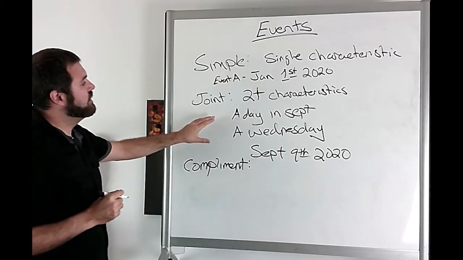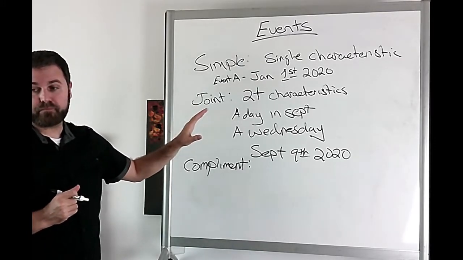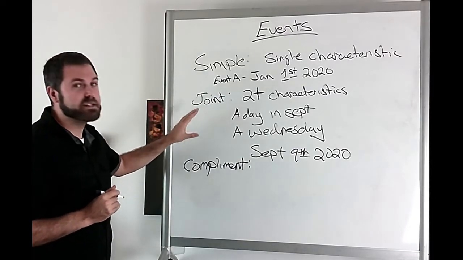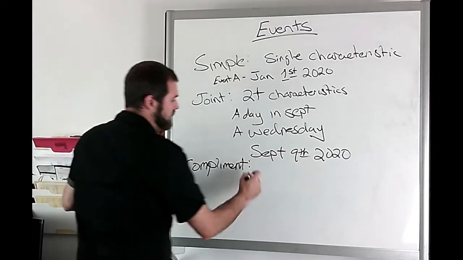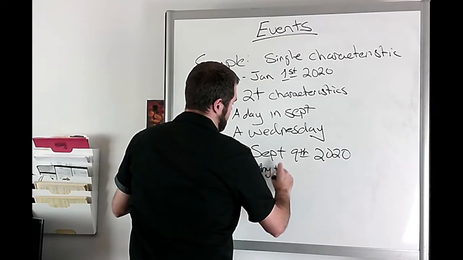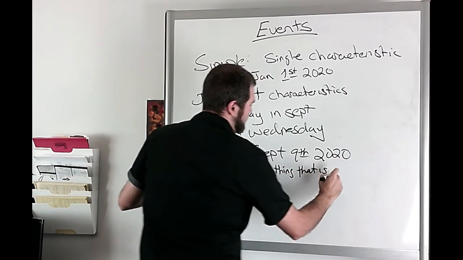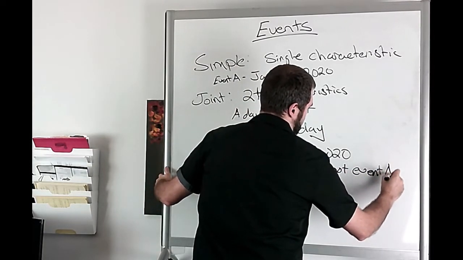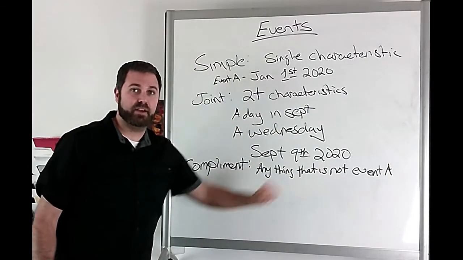So if a Wednesday in January is event A, any day that is not a Wednesday in January would be the complement. So the complement is anything that is not event A.